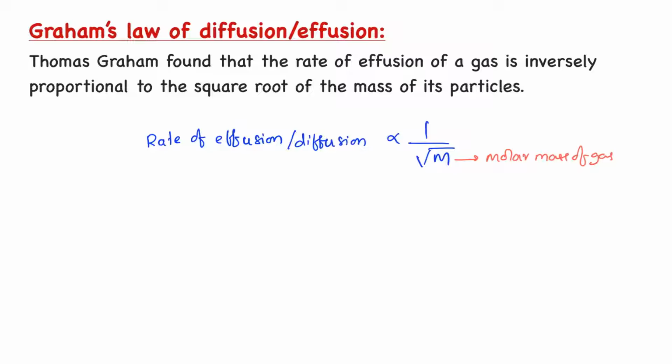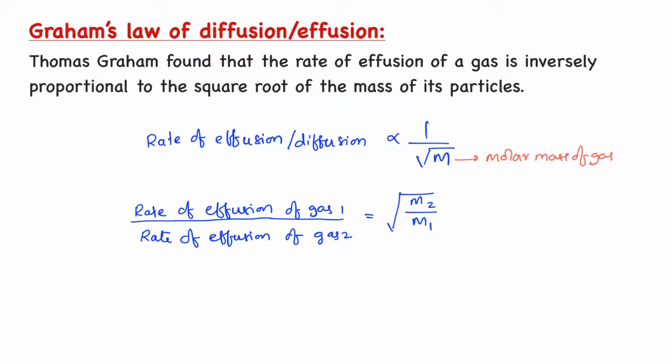We can express the same equation in a different way. Rate of effusion of gas 1 divided by rate of effusion of gas 2 is equal to the square root of molar mass of gas 2 divided by molar mass of gas 1, assuming constant temperature and pressure.